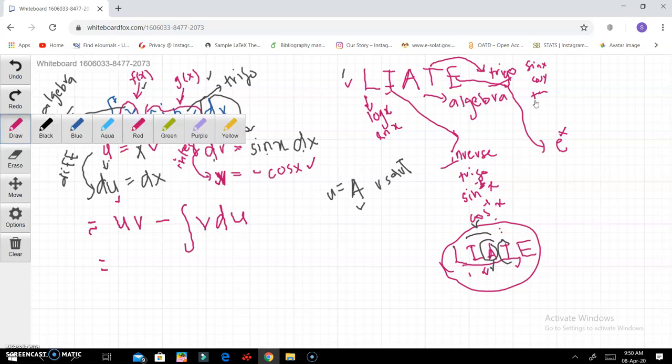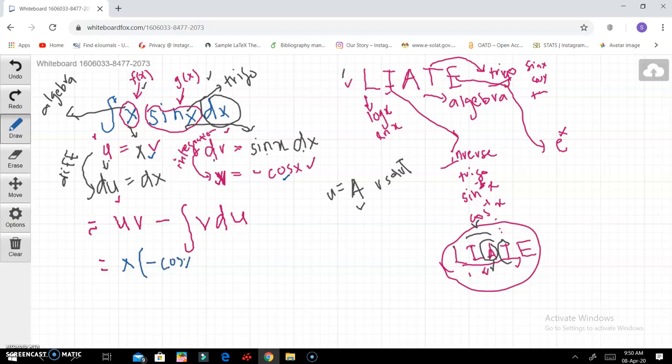It will be equal to, let me use another pen there, u is equal to x, and v here is negative cos x. So you got minus here, so write back minus. You have the integral here, so put back the integral. The value of v here is negative cos x.